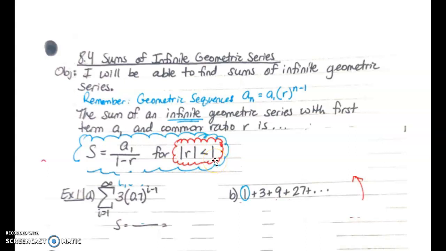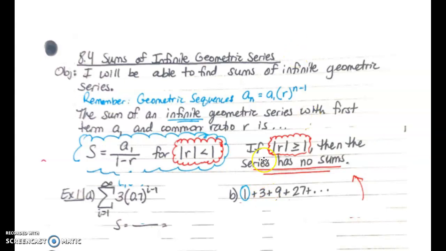If it is anything bigger than 1, then the series does not have a sum. If the absolute value of r is greater than or equal to 1, then the series has no sum at all. You can't add it up.